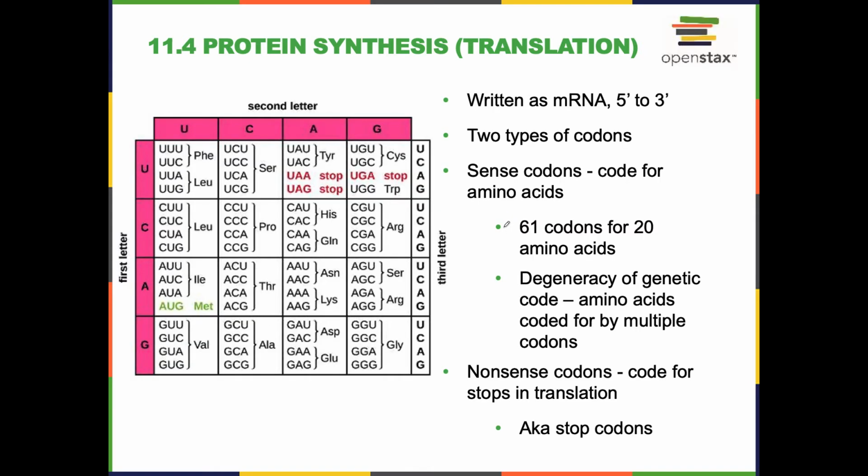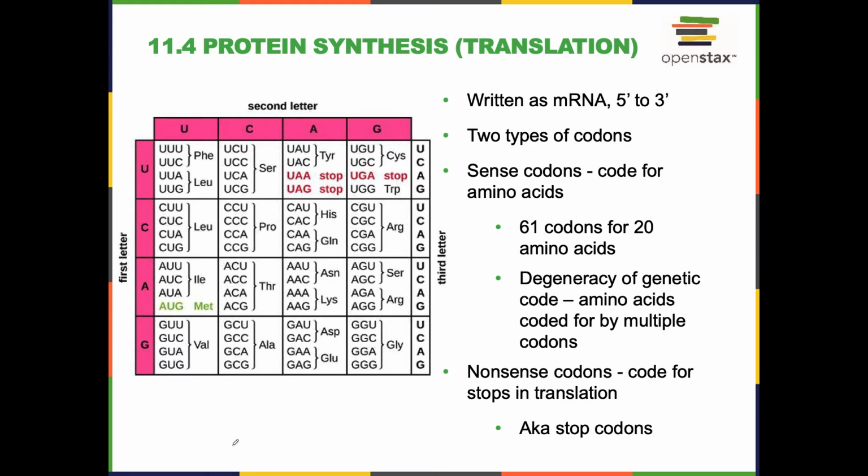Okay, so in order to translate, we need a dictionary. This is our Rosetta Stone of sorts. Ingenious, by the way, how they figured this out, but that's for another story one day. Our table is always written as mRNA because that's what we're reading, always in the 5' to 3' direction. The way you want to read this is we have a first letter, second letter, third letter.